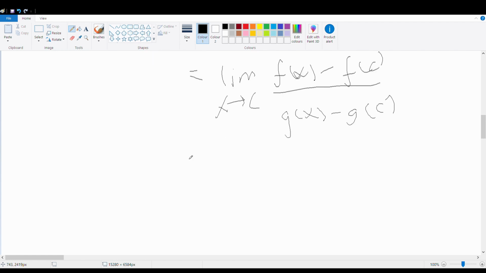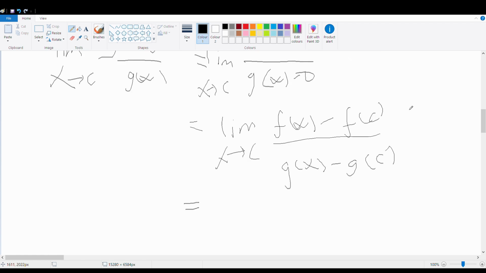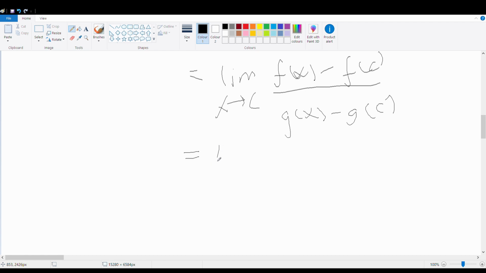And then, it's a really neat trick, we divide both the numerator and denominator by x minus c. When we do that, you'll see exactly what we get: f of x minus f of c by x minus c.